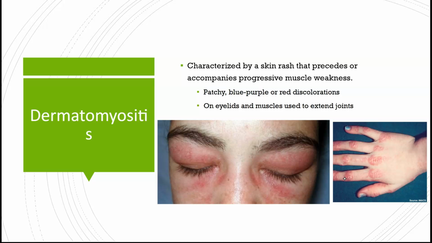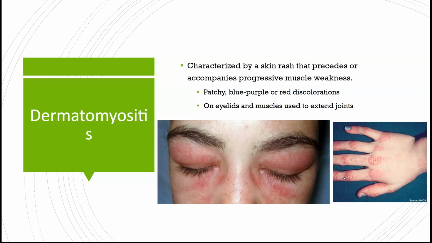Commonly, the patient will have a rash before they start getting the muscle weakness, and it's usually on their joints and across their face, right? So that face discoloration can be confused for lupus, right? Remember lupus, we have that butterfly look across the nose and the cheeks. Dermatomyositis has a similar looking rash, but it's more up around the eyes than in the face.